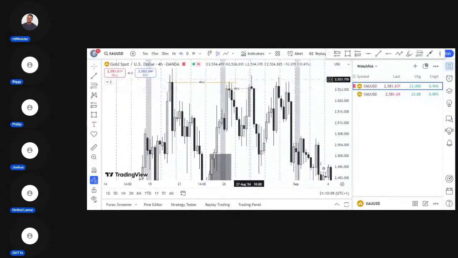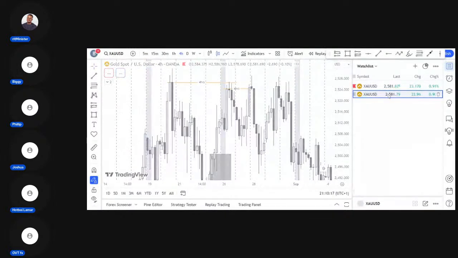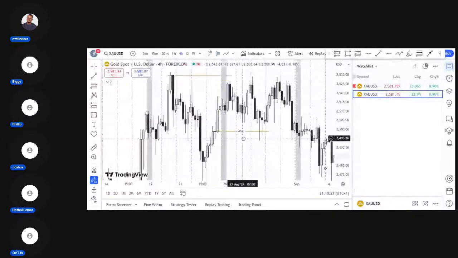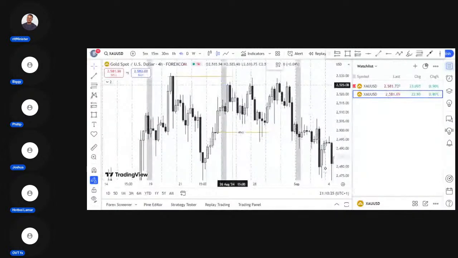So the price will definitely continue bullish because we have violated and closed above the 4-hour zone. But now look at forex.com. On forex.com, it shows you that that zone has not been violated.